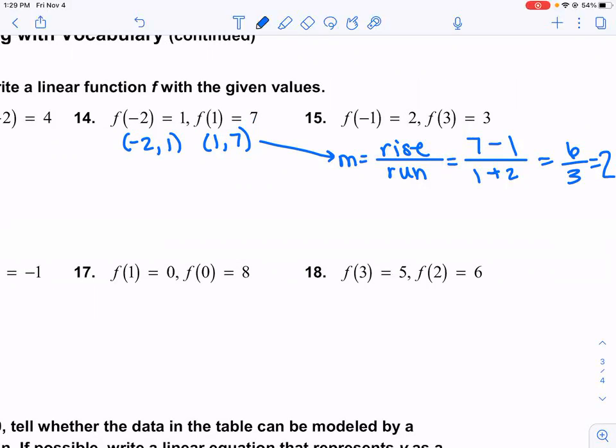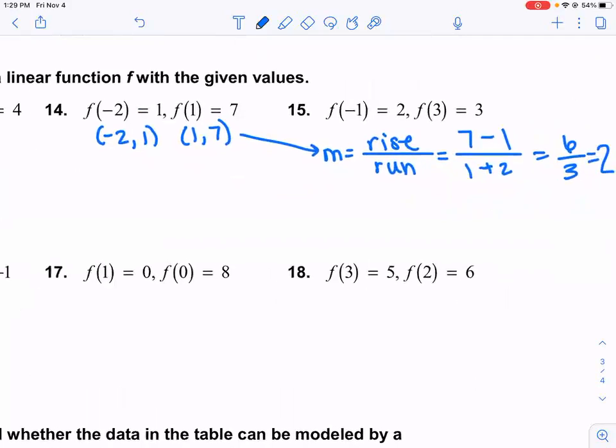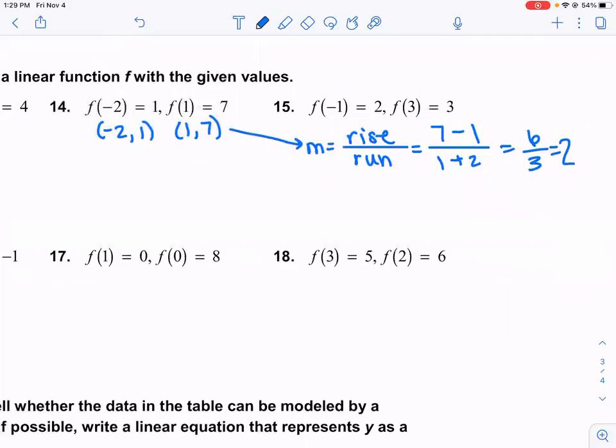Okay, well now I need to write a linear function. What do I do? Okay, so here I have slope, and technically I have 2 coordinates. Doesn't matter which one we use.